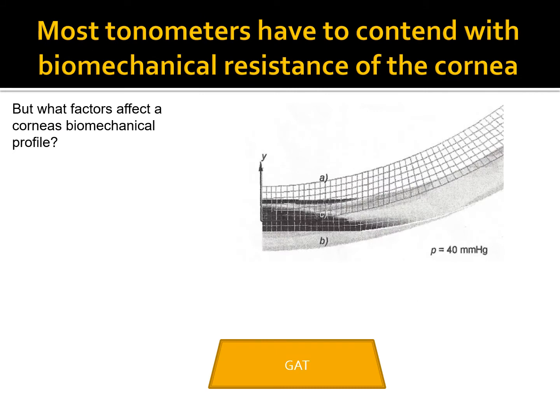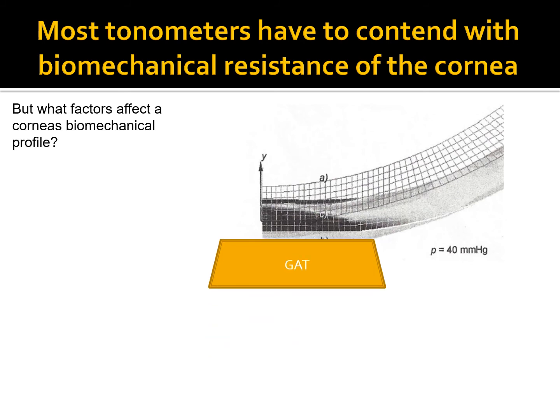So most tonometers have to contend with biomechanical resistance of the cornea. They've got to push that cornea in so far. Now I say most because there is one based on a theoretical principle that's quite robust actually. But what are the corneal biomechanical profiles that we have to consider?